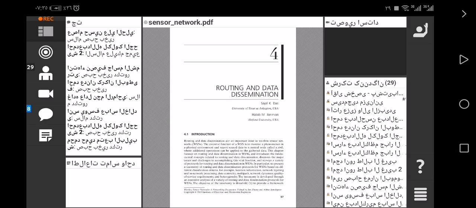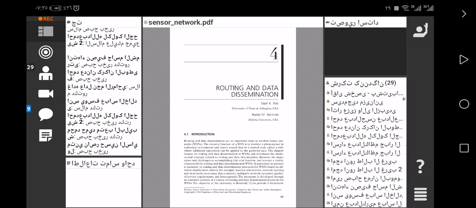This chapter focuses on routing and data dissemination in WSNs and introduces the fundamental concepts related to routing and data dissemination, discusses the major issues and challenges in accomplishing this vital function, and surveys a variety of protocols for routing and data dissemination in WSNs.